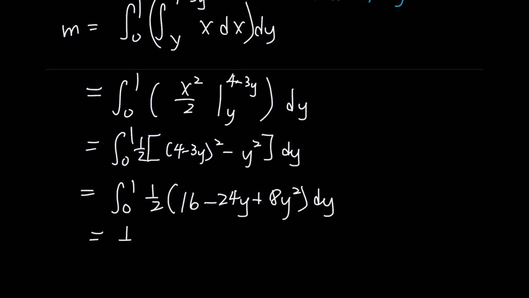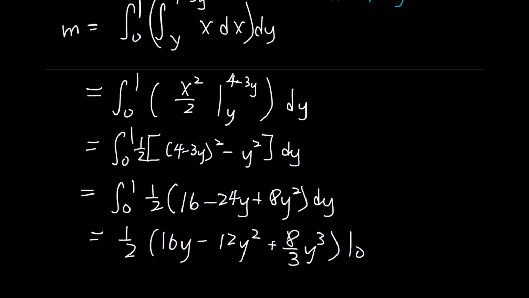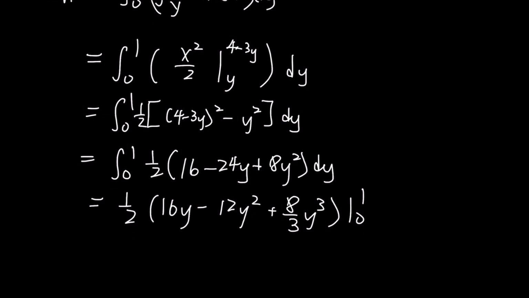If you were to calculate this antiderivative, you'd get 16y minus 12y squared plus 8/3 y cubed, evaluated from 0 to 1. Plugging everything in and simplifying it, you will end up getting 10/3. So the mass of this region is 10/3 units.